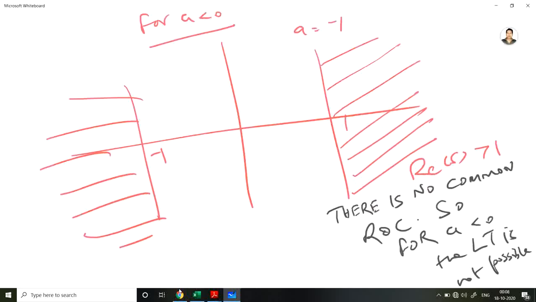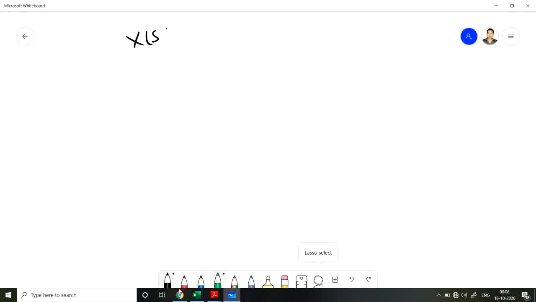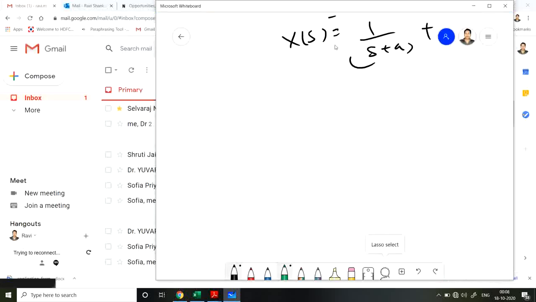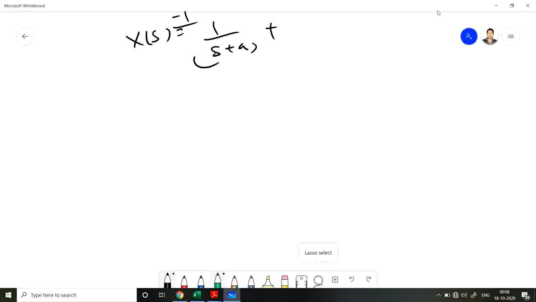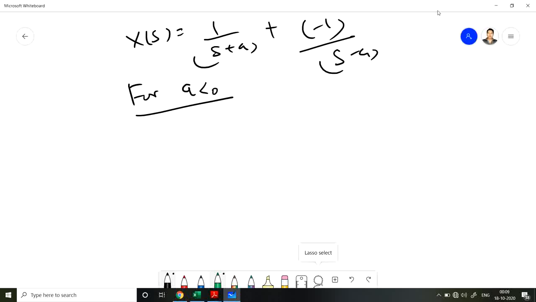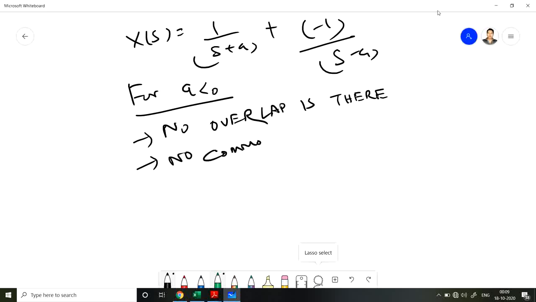So let us summarize what we have seen in this question. X(s) is nothing but 1 divided by s plus a, plus minus 1 divided by s minus a, and for a less than 0, no overlap is there. So no common ROC is possible.